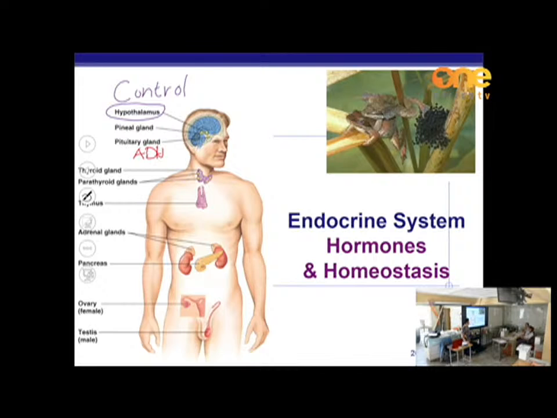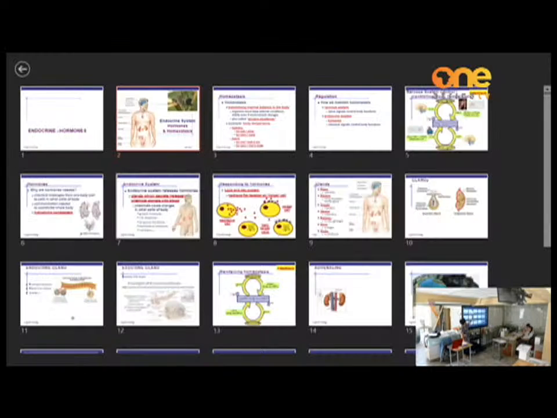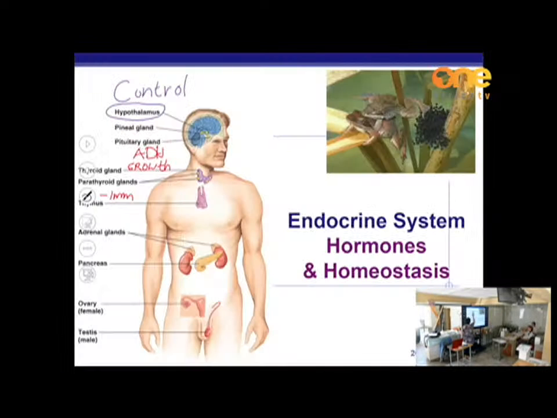The thyroid gland, we have the growth hormone. The thymus has to do with the immune system. Parathyroid, you do not have to study, and that will also be different hormones that control your metabolism and growth.